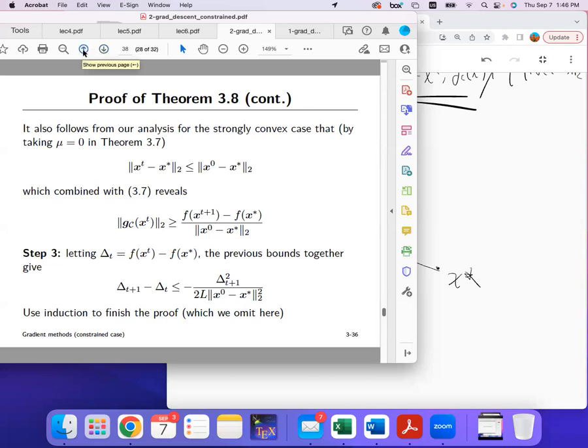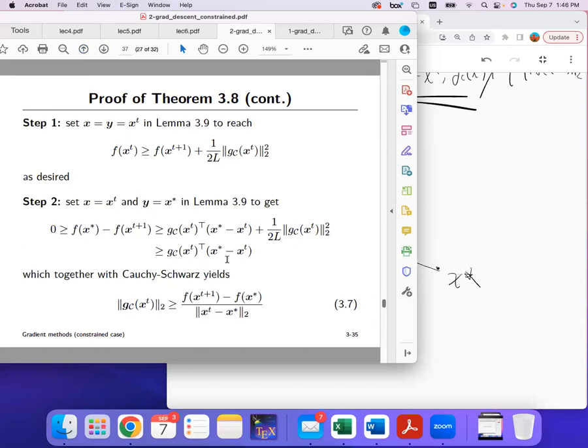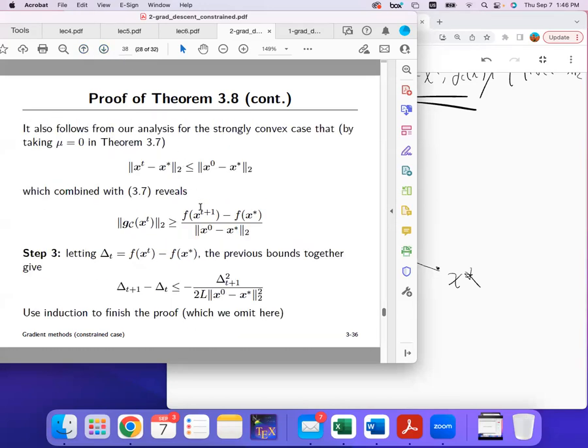Yeah, and maybe next time we will go into details so we can further show that the distance is diminishing. So we can further replace xt minus x star by x0 minus x star. Right, so this completes the proof for the second step.